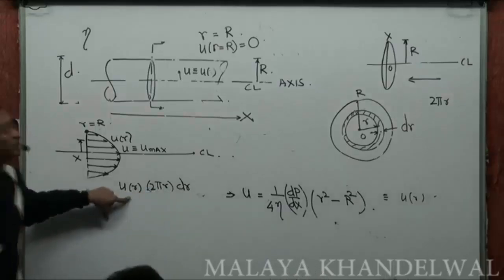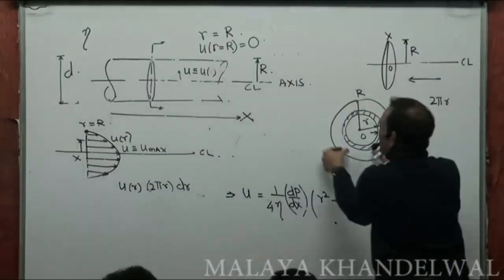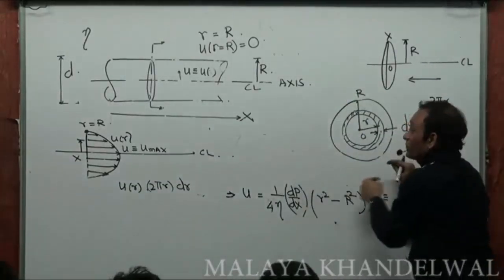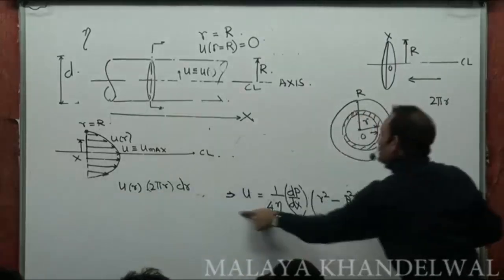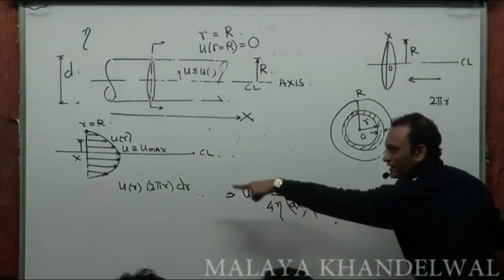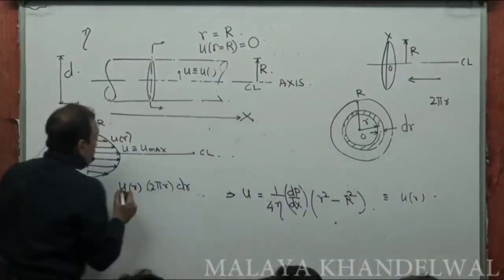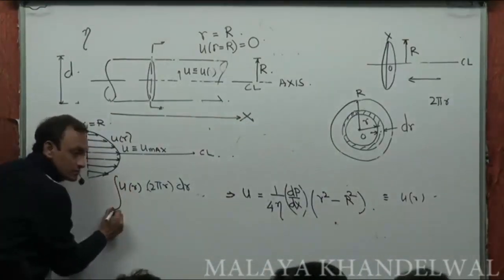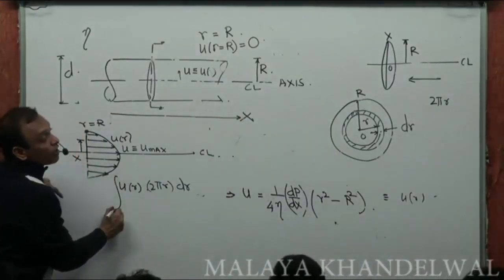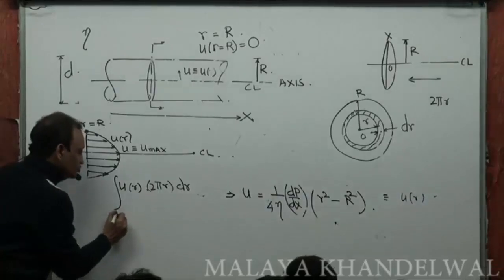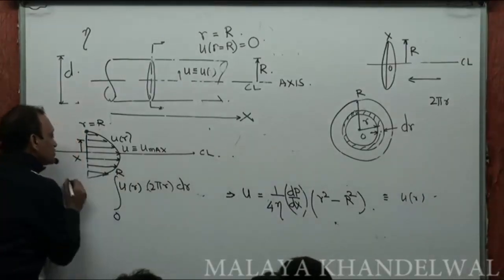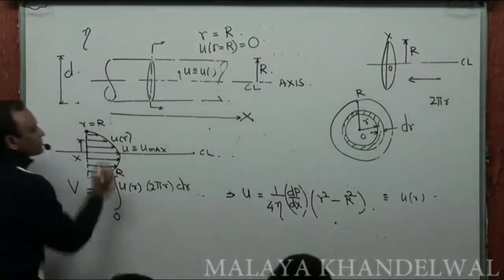Will give me cubic meters per second through the shaded region. This is the entire cross section. U as a function of r I can take from here and plug into that expression. The total volume flow rate would be the sum of all of this, where small r changes from 0 to capital R. That's the volume flow rate through any given cross section.